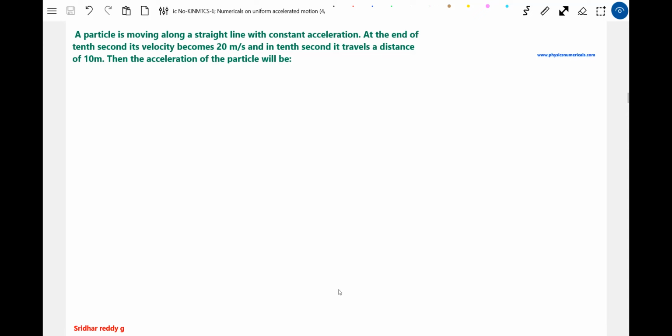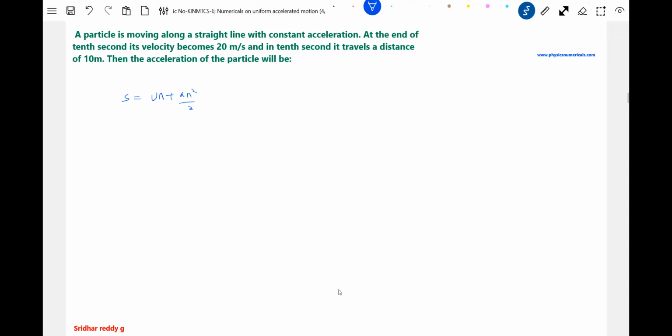A particle is moving along a straight line with constant acceleration. At the end of 10 seconds, its velocity becomes 20 meters per second, and in the 10th second, it travels a distance of 10 meters. The acceleration of the particle will be? What is the formula for distance covered in the nth second?